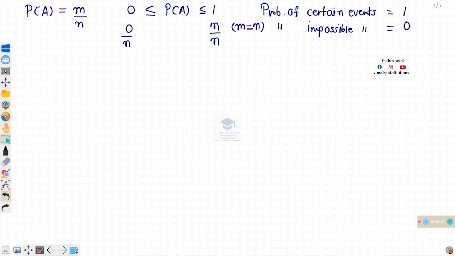So you can see this is 0 and this is 1. So minimum value of probability will be always 0. Maximum will be 1. Probability cannot be negative and cannot be greater than 1.